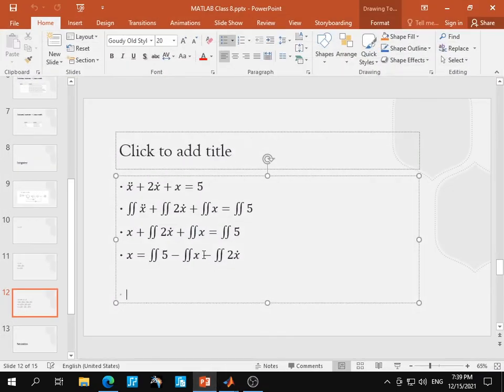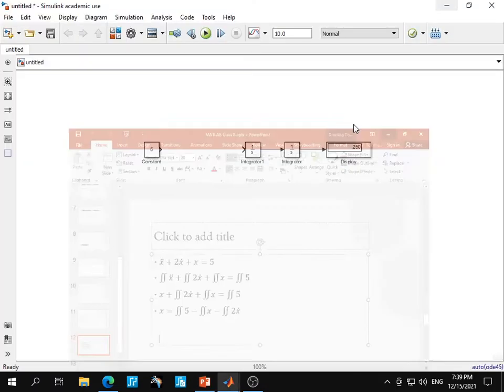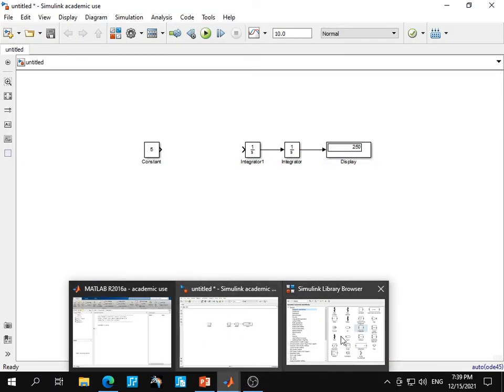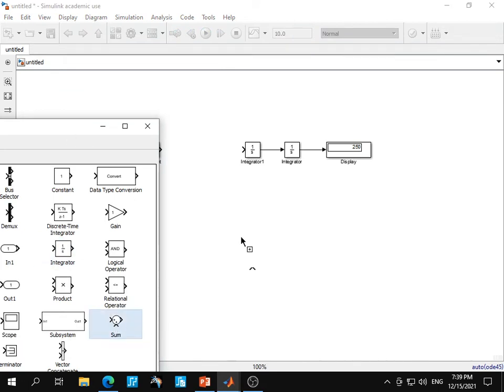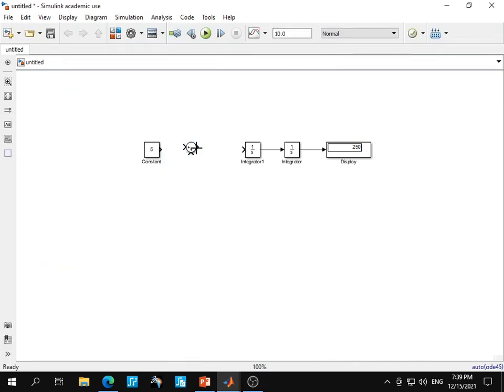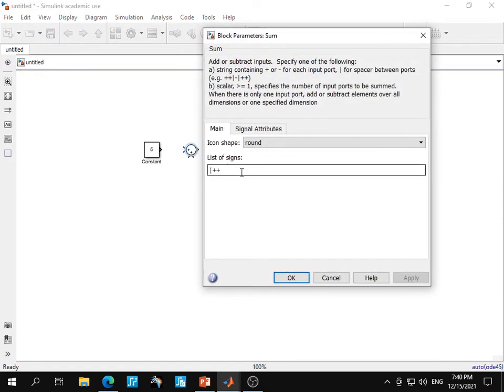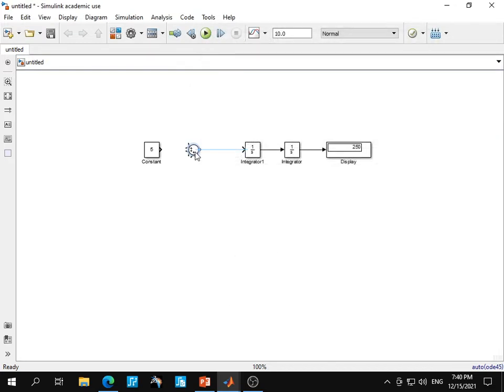As you can see, we have three things here. So we need to use a sum, and make it three inputs.